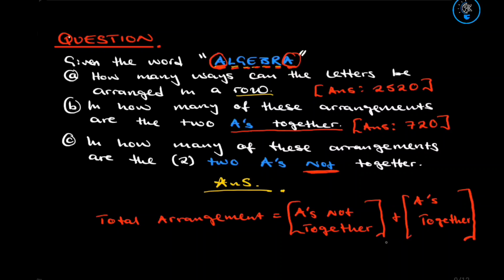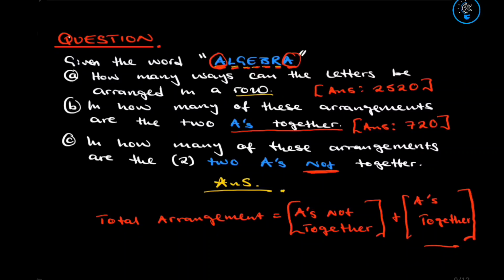What you're going to get when you add the two is the total number of arrangements. And this is logical because if A's are not together, then the other option is that they are together, and if the A's are together, the other option is where A's are not together. So when you add the two, you must have the total number of arrangements if you're not considering these two conditions at all. They're like opposites of each other. Now it's just a matter of substituting your values into this particular equation.